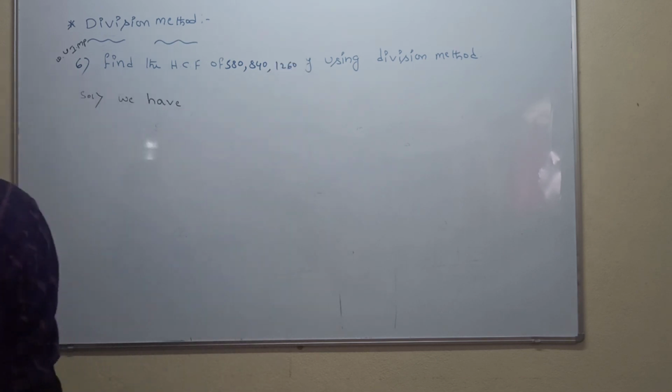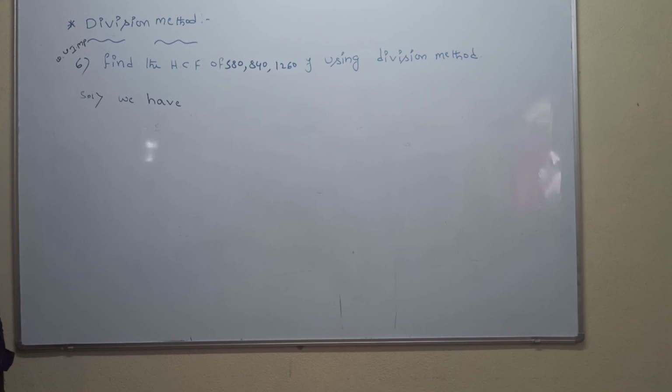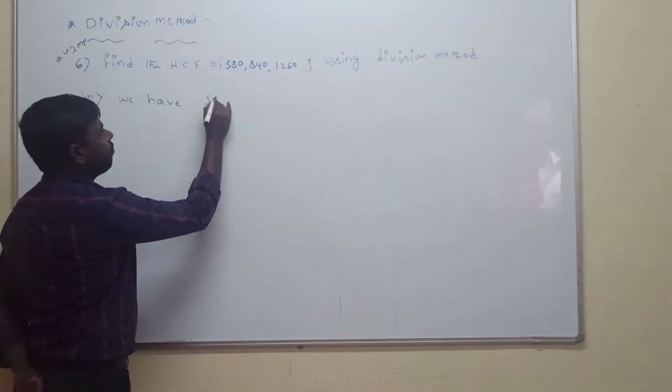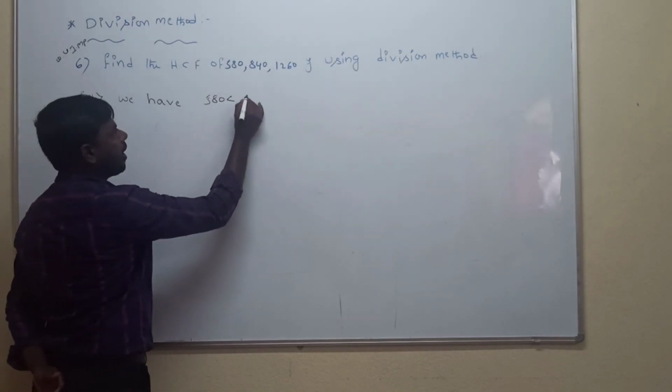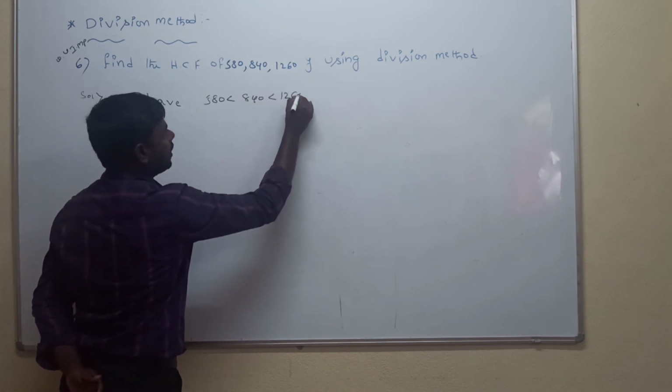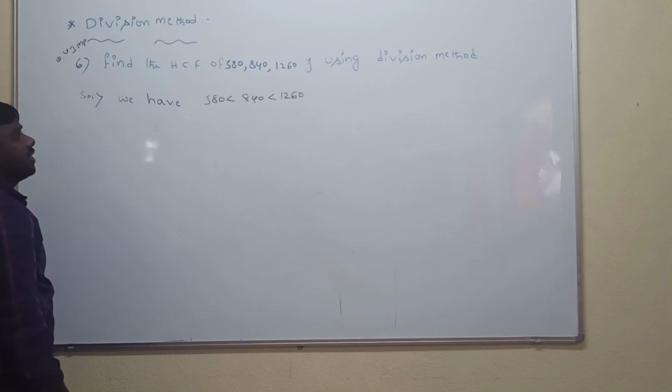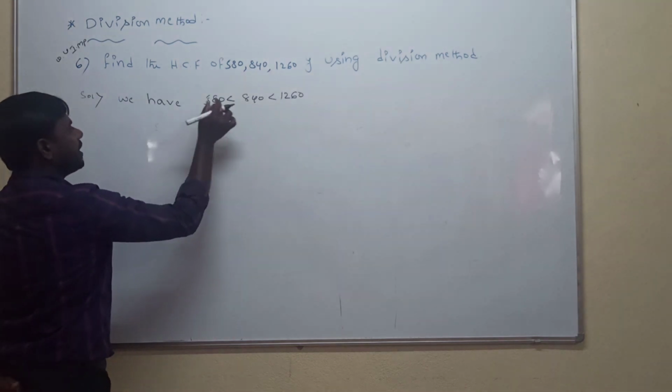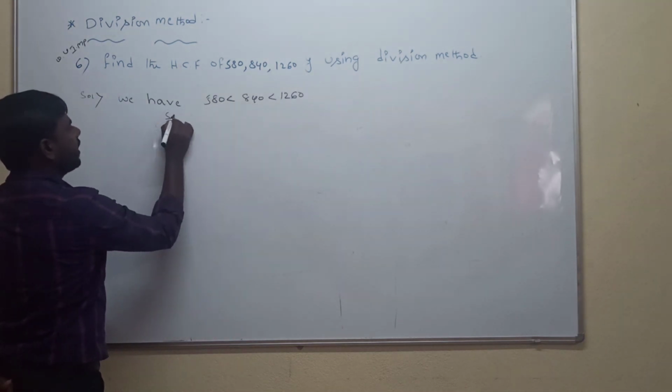Here also three numbers are given. So we have 580 as the first integer, 840 as the second integer, and the third integer is 160. What is the condition? The first condition is the second integer divided by the first integer.